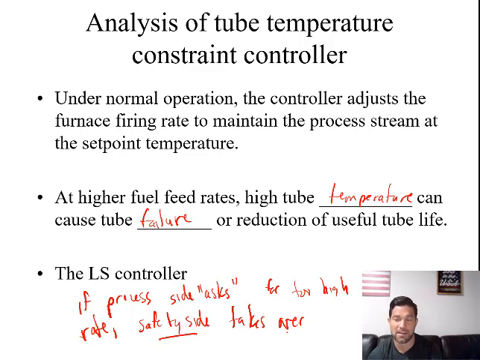Okay, so let me say that again. If your constraint is a maximum or a minimum, that doesn't tell you whether you want a low select or a high select controller. What you can use to determine that is the value of the manipulated variable to keep you at your process constraint or your safety constraint.